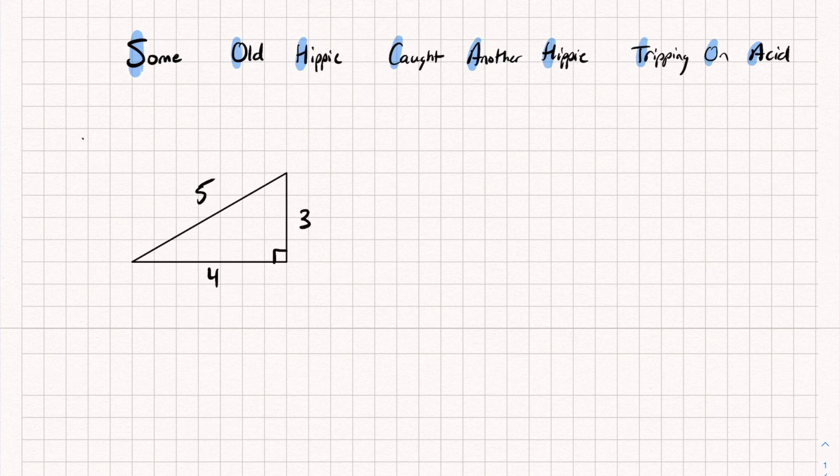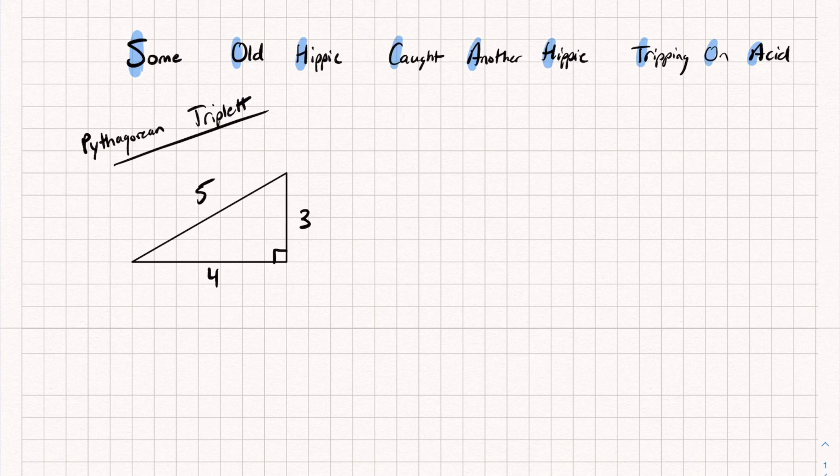This is called a Pythagorean triplet. There are unique numbers like this where there are 3 numbers that form a perfect right triangle in your construction.